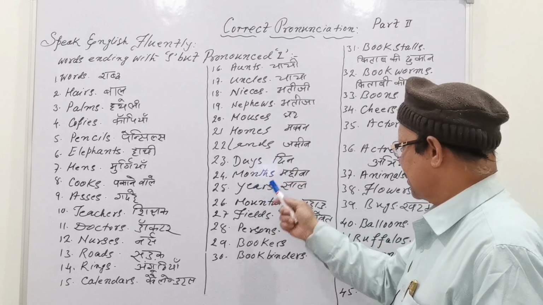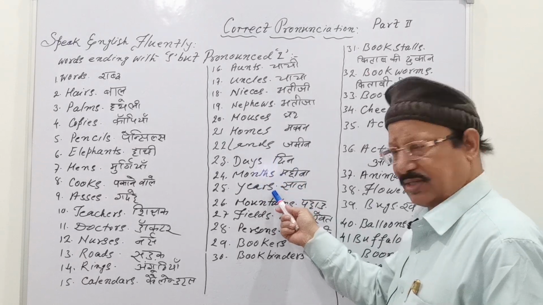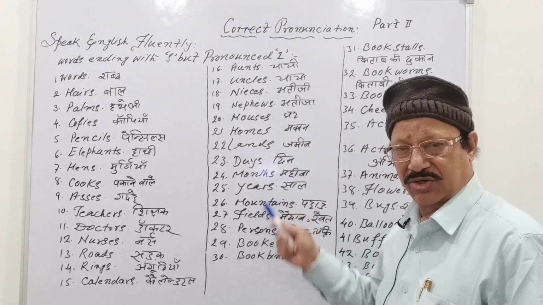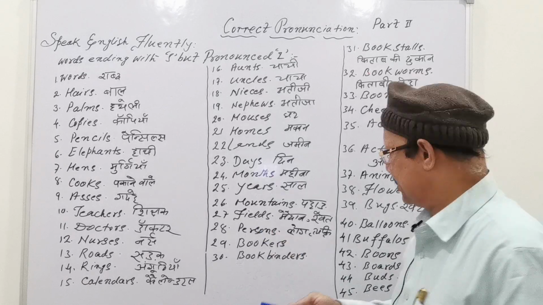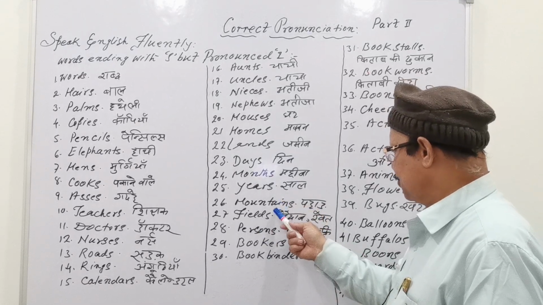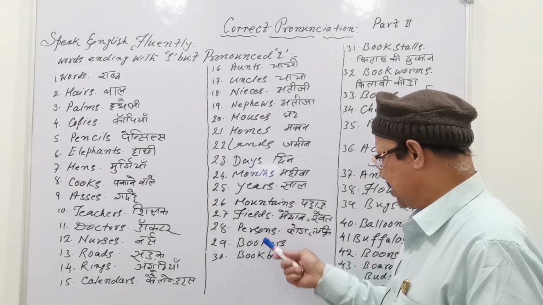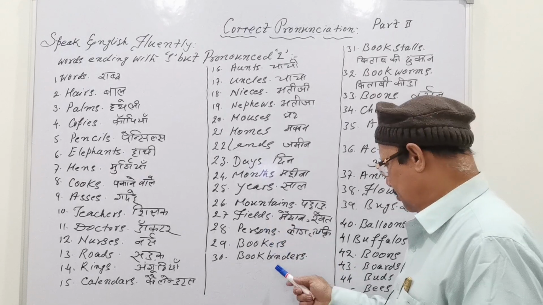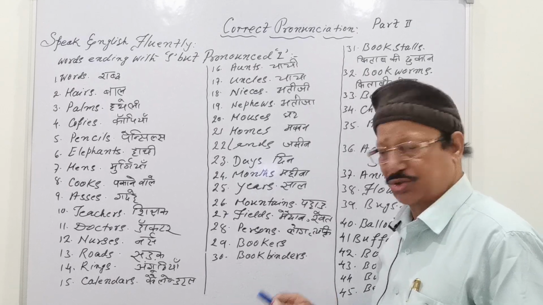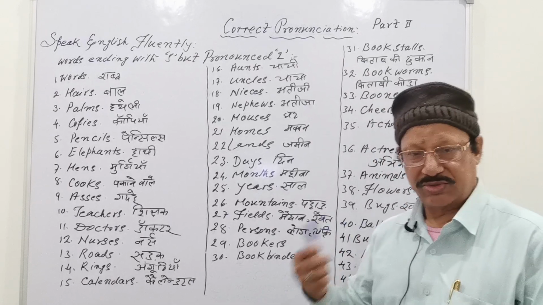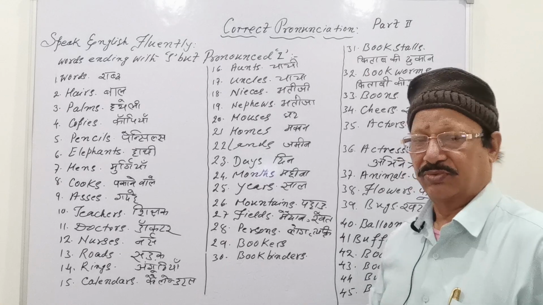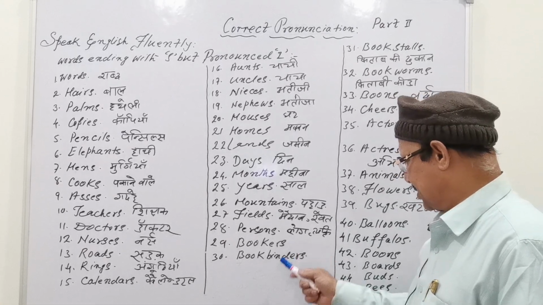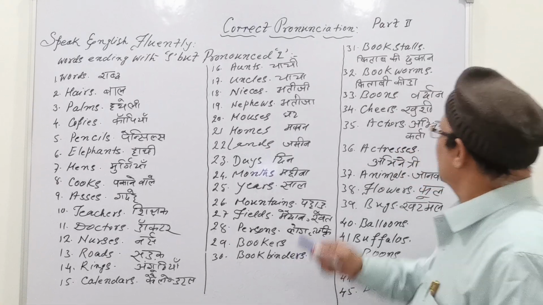Lands, days, months, years. It is pronounced years with a Z. Alright? So years, mountains, fields, persons, bookers, book binders, those who bind books, जो किताबों को मढ़ते हैं उनको कहते हैं bookers, book binders.